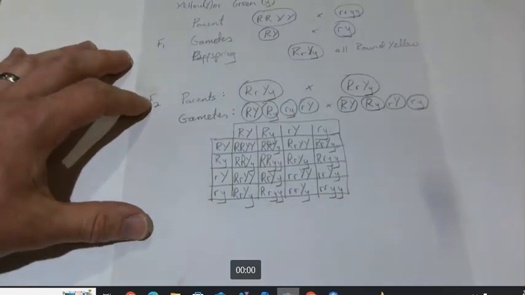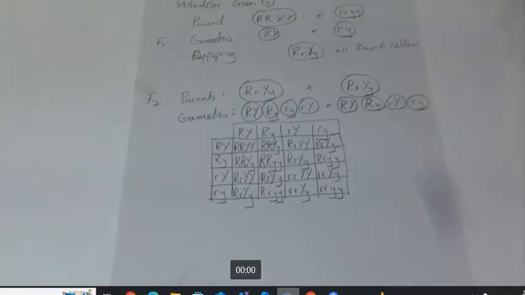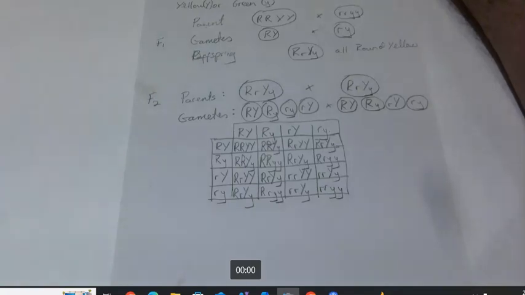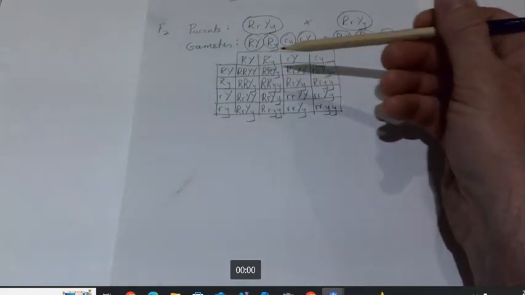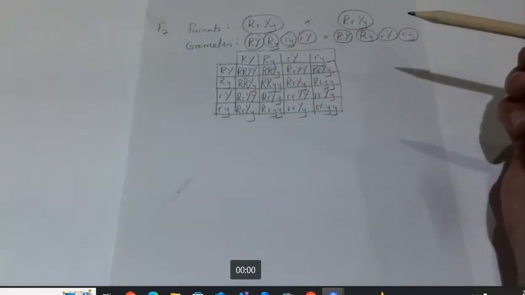Okay, so that's our set of genotypes for this. Okay, now the next thing is to name the phenotypes based on each of these.